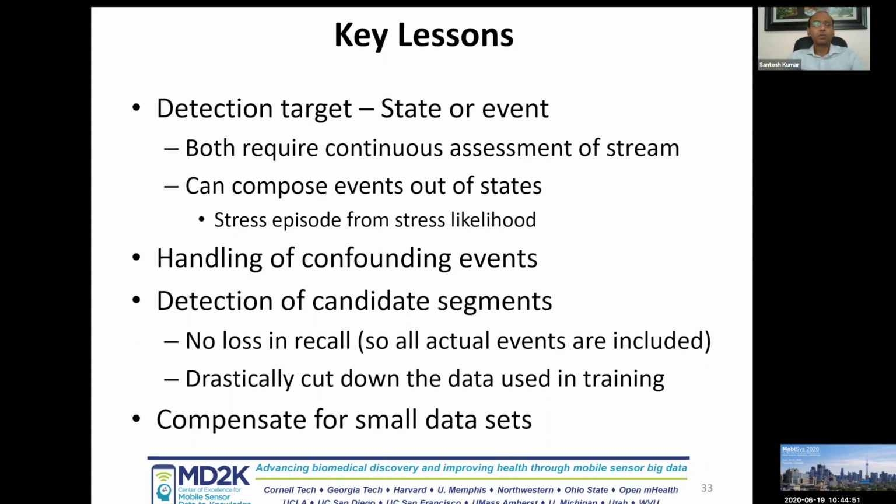But we ensure that when we detect these candidate segments, we have no loss in recall. So that means all the actual segments of the event are included in the candidate segments. And as I said, an overriding concern for us has been that I consider most of the data sets pretty small with respect to how large of a population they need to work for. So therefore, we have tried to compensate.